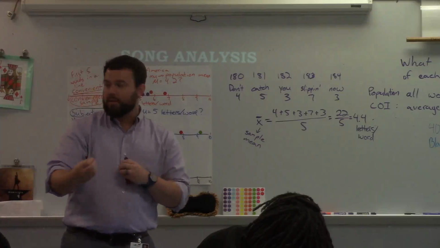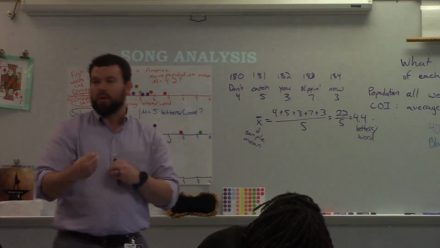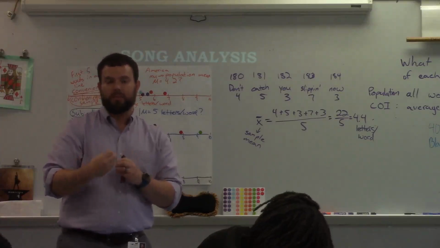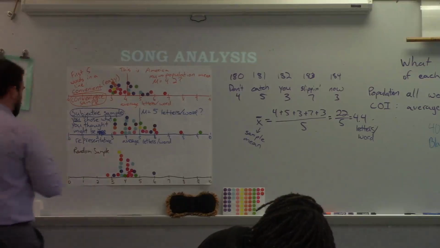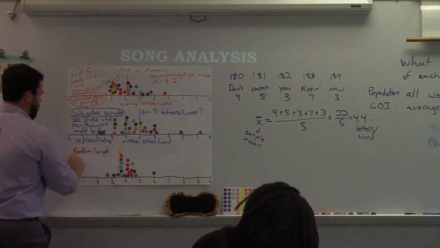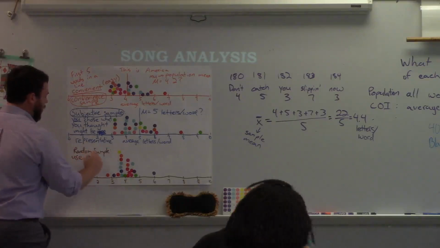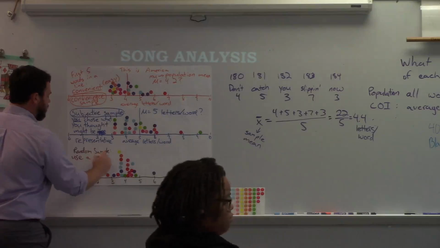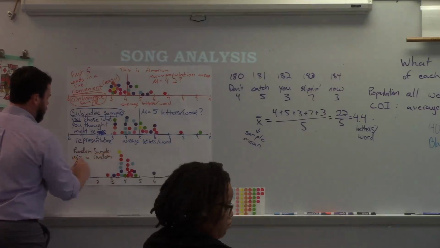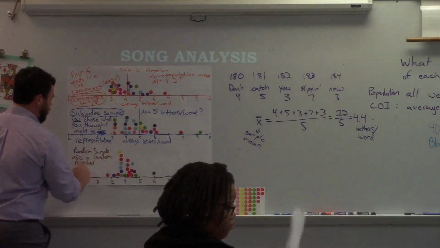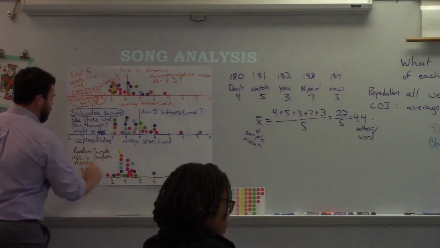If you think you're randomly picking something, it's not actually random. What do you have to use in order for it to be random? Random number generator. So to have a random sample, we need to use a random number generator.